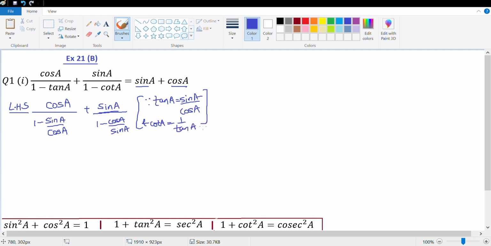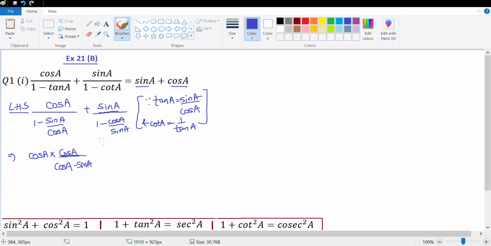Perfect. So let's move on and see what does it do. So this would become cos a multiplied with, I will take the LCM in the denominator, which would be cos a, and then I'll change it from division sign into multiplication sign. So the numerator becomes cos a and the denominator of this term becomes cos a minus sin a.